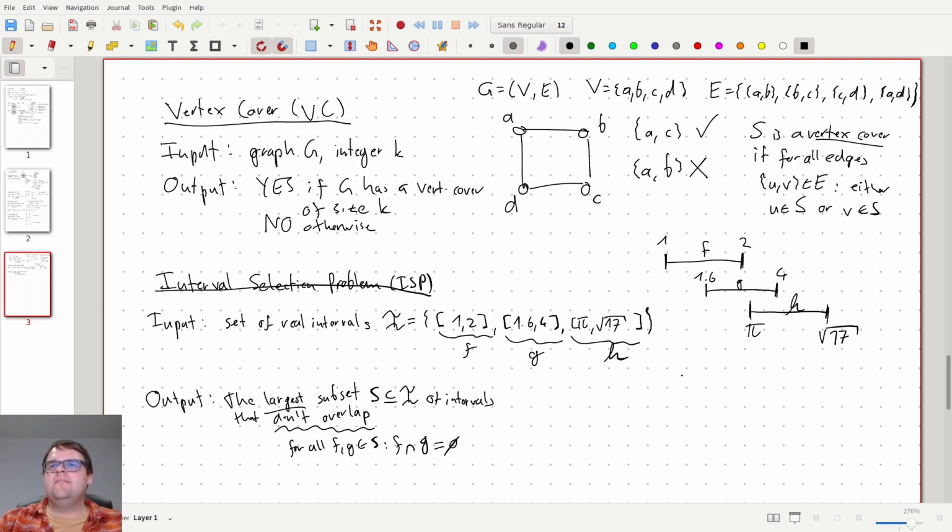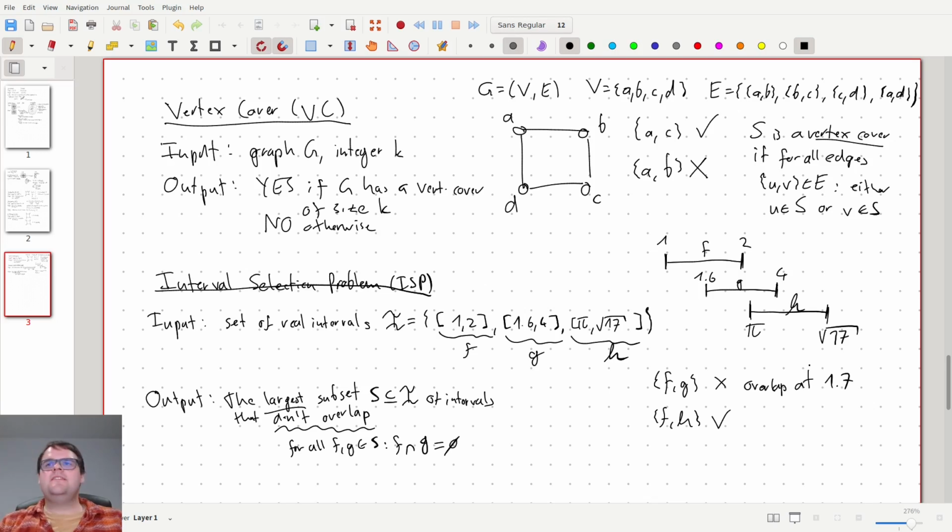So if we look at examples, if we select f and g, that's not a valid solution to the interval selection problem, because f and g overlap at 1.7, for example. But then f and h, for example, that's a valid solution because they don't overlap.